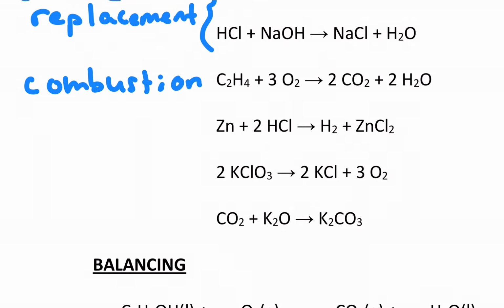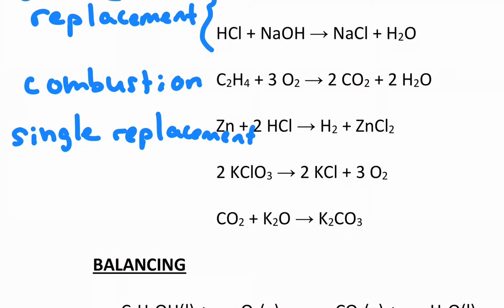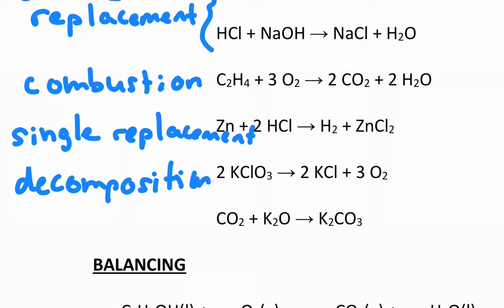The fourth one, an element plus a compound making a different element and a different compound, is a single replacement. If we have one thing turning into many things, that's called a decomposition. And then the opposite, if you have multiple things becoming one thing, we call that a synthesis.